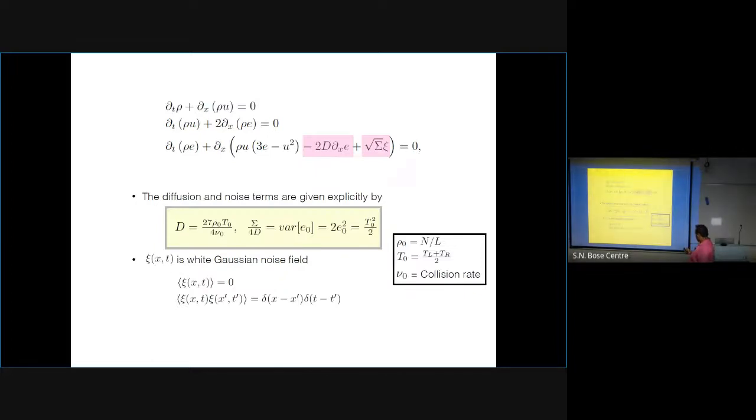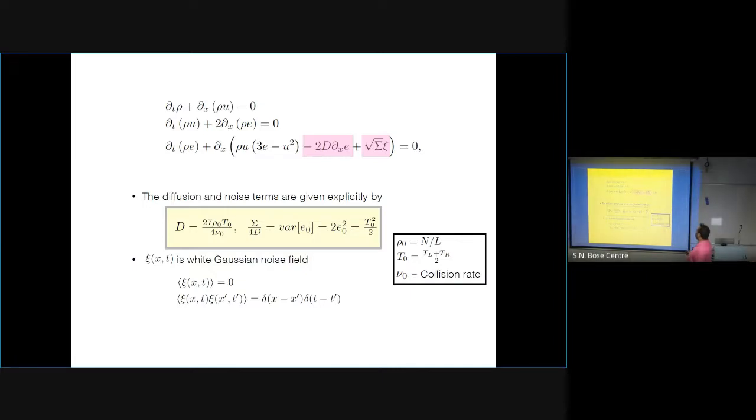The diffusion term is explicitly expressed in terms of the density, temperature, and the stochastic collision rate. The sigma is related to D by fluctuation-dissipation. One can show that the noise is also Gaussian, so you can establish this for this model.